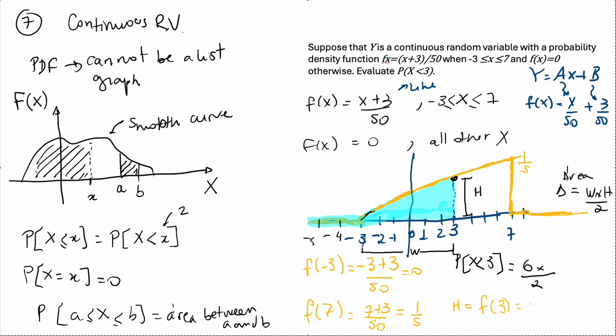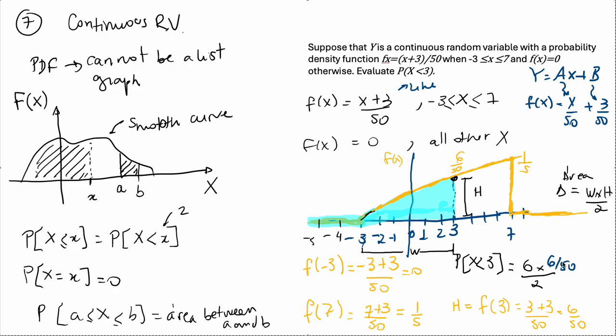And this is 3 plus 3. So let's put it in the equation. This is 3 plus 3 over 50. This is 6 over 50. So it means that my function f of x, or y, will assume 6 over 50. Okay? So I just found that this is 6 over 50.